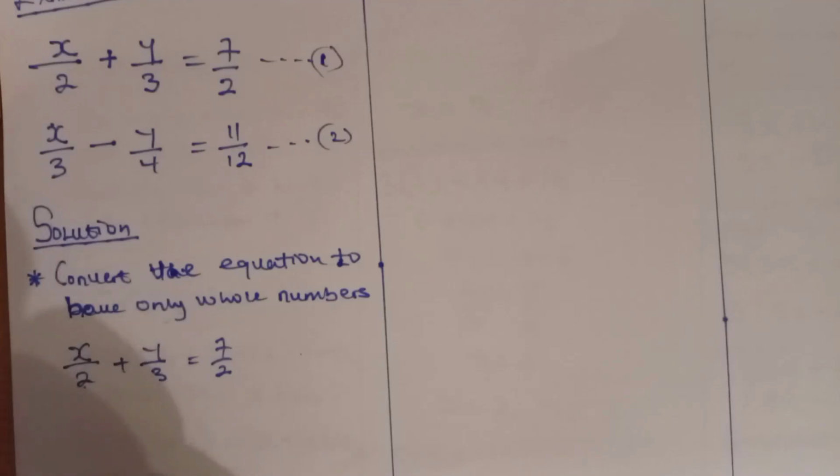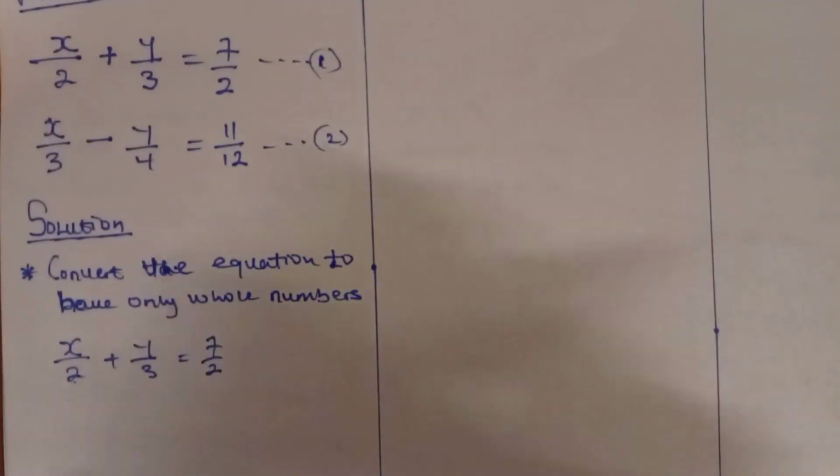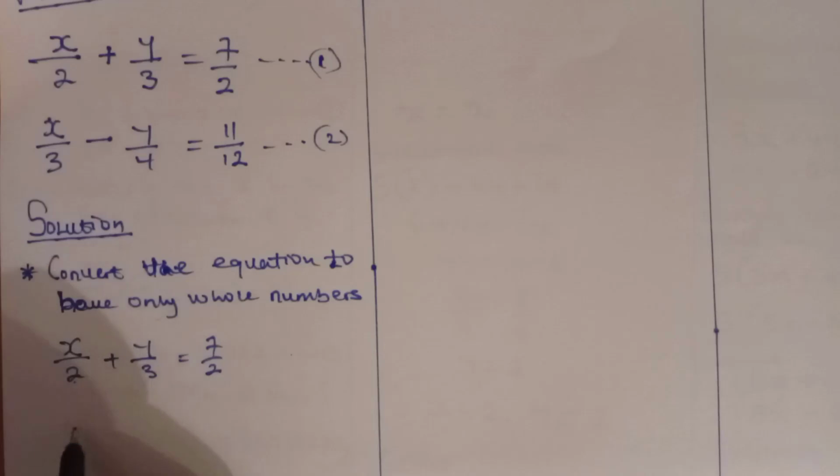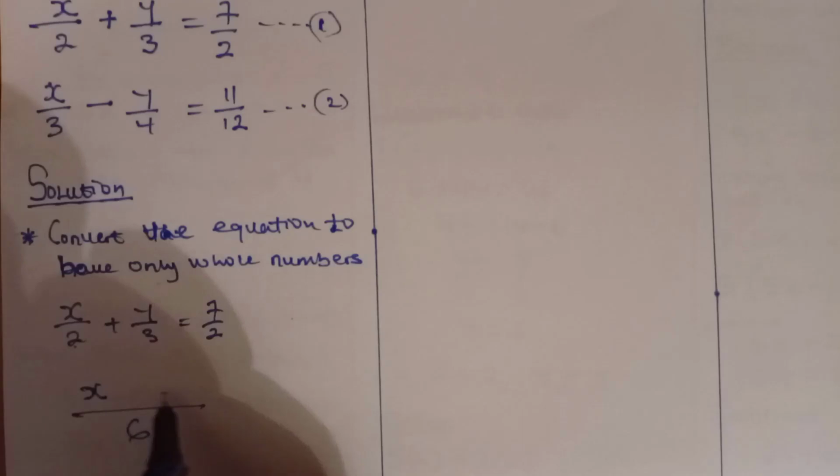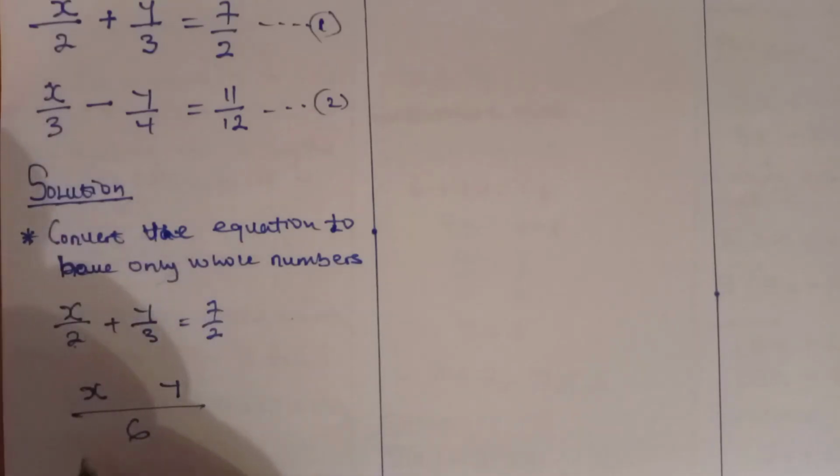The LCM of 2 and 3 is 6, which is the least number that can be divided by 2 and 3 without a remainder. So we have 6 here, and then we have x and y.